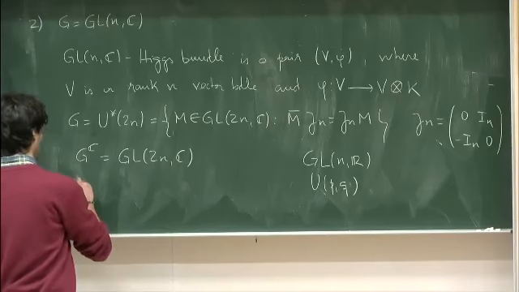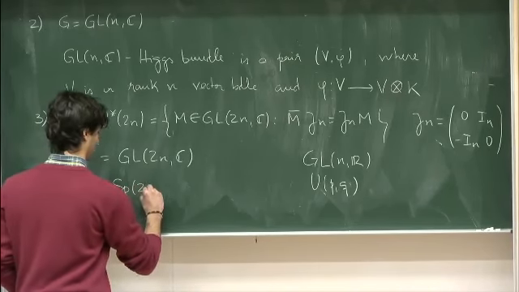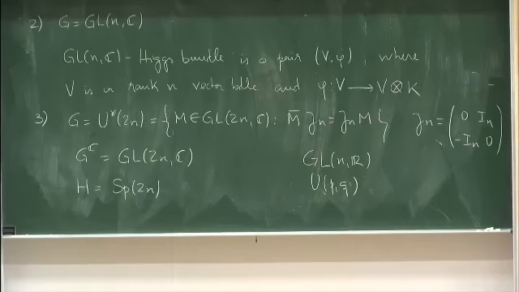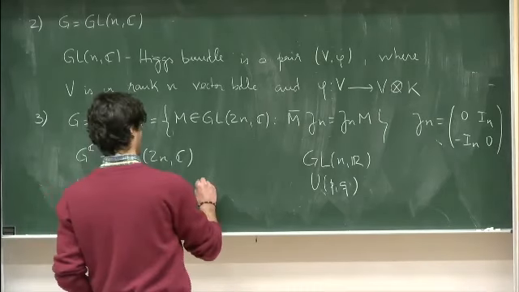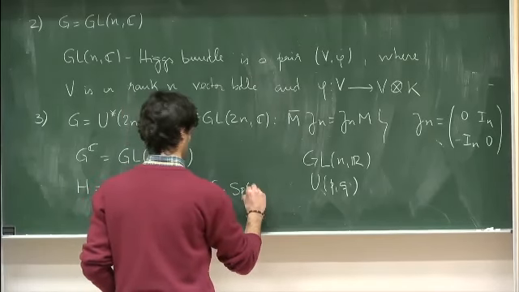So the maximal compact here is the compact symplectic group, and so our H^C is the symplectic group.